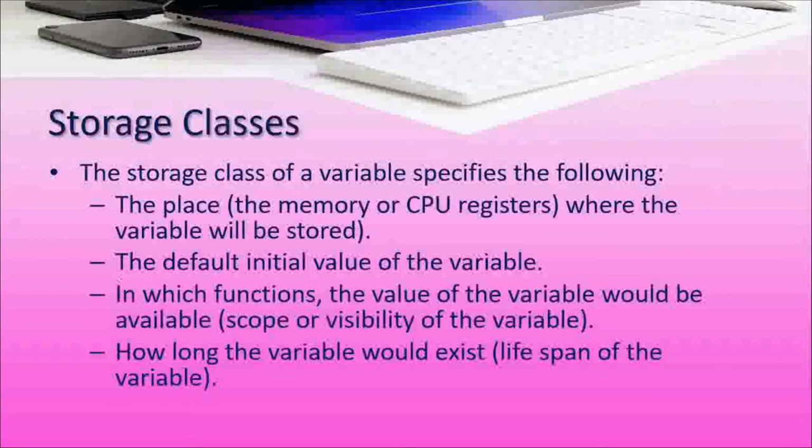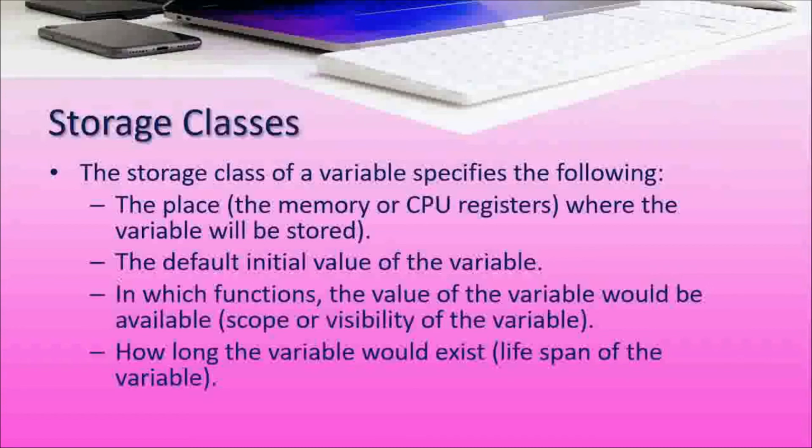If we don't initialize the variable x, then whatever value is available within the memory location will be allocated to x, and in most cases it will be junk values. So some storage classes initialize these variables by default. What will be the default initial value of the variable is also described by the storage classes.